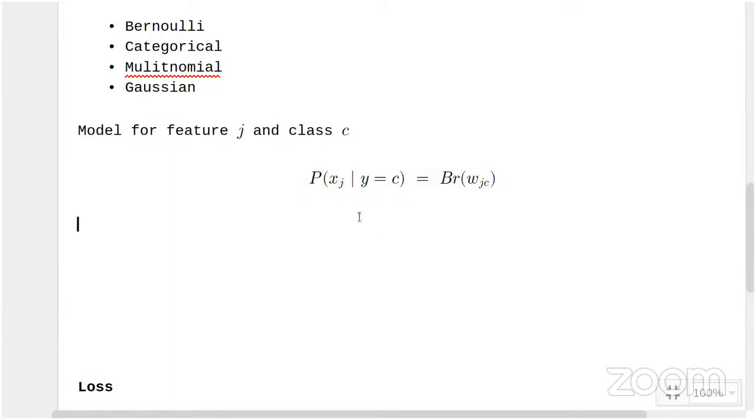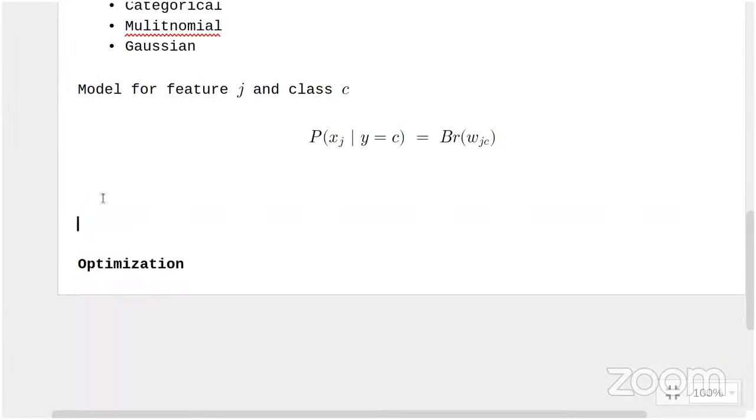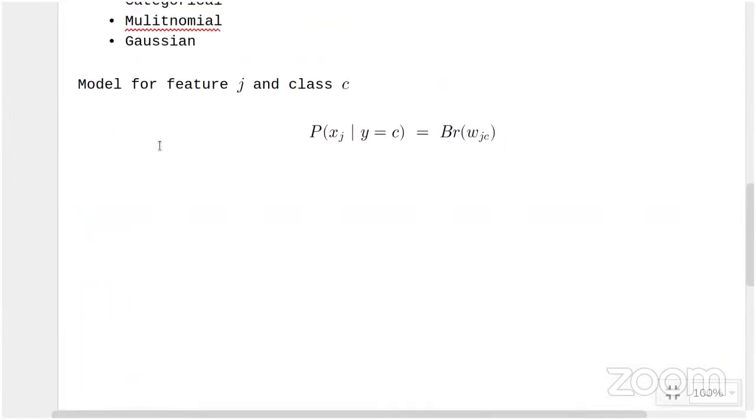Once I view it this way, I can go ahead, and there's no loss per se in naive Bayes. It's more of parameter estimation, right? And as you know, for estimating parameters, one good thing is the maximum likelihood.